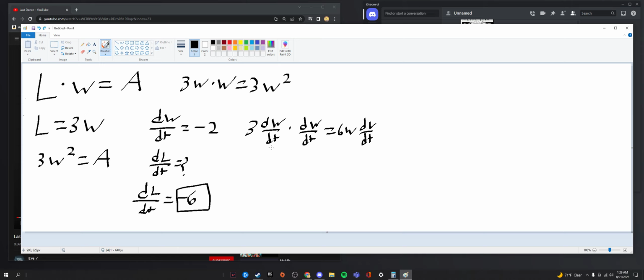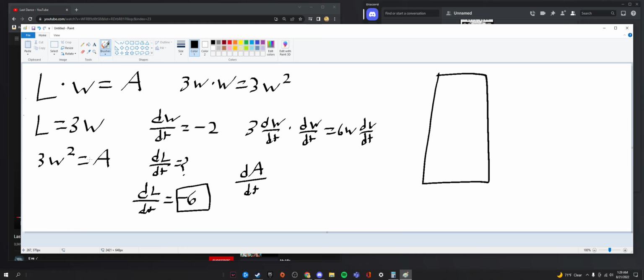Well, okay, let's take a step back. Let's draw a picture for part 2 of this question, since we are now looking for a new part. Now we're looking for the area, which is dA on dt. Remember, we can define area as 3w squared.